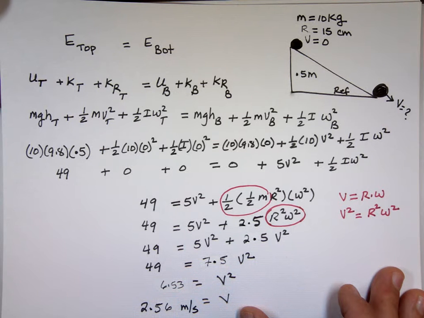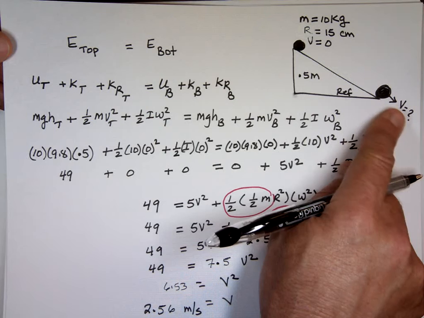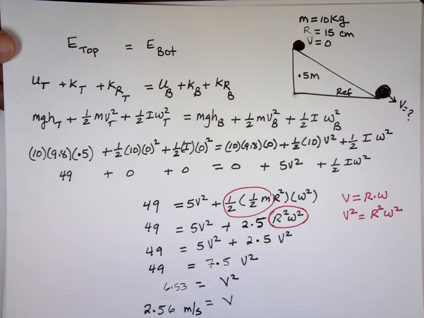I mean, isn't that just giving us the velocity when it hits the bottom, how fast it's moving? Yeah. But that doesn't tell us which one was moving faster?